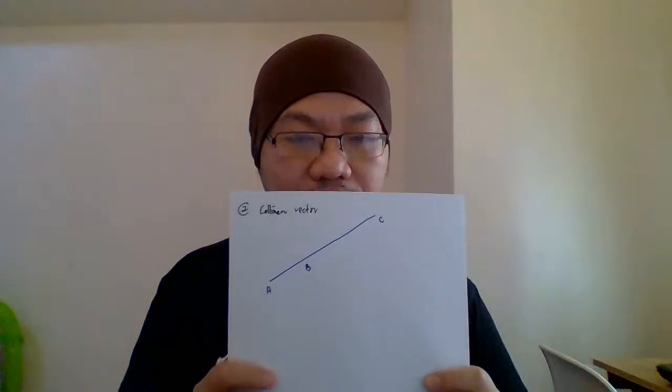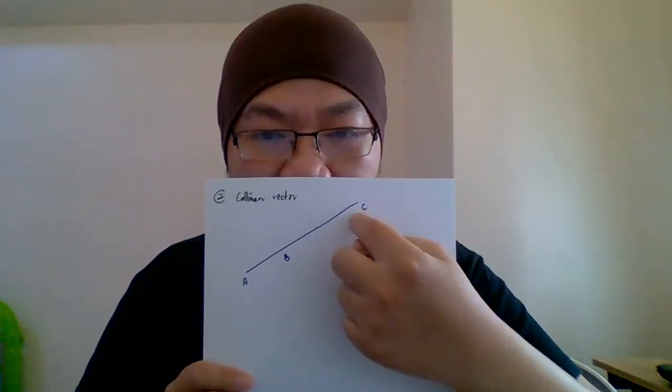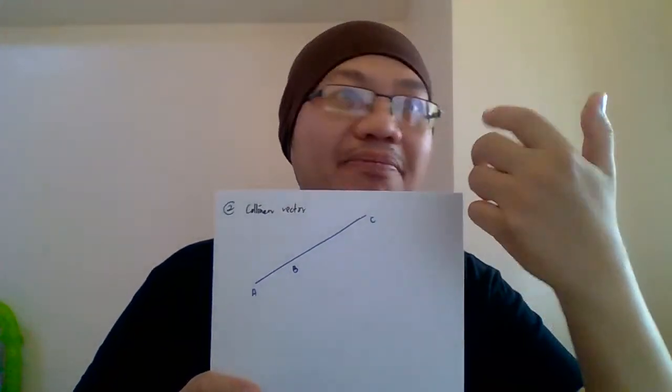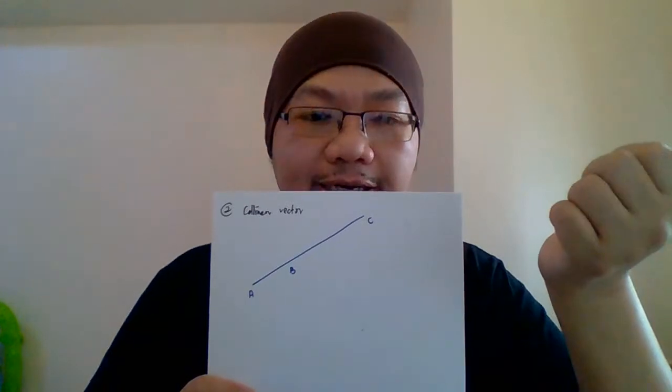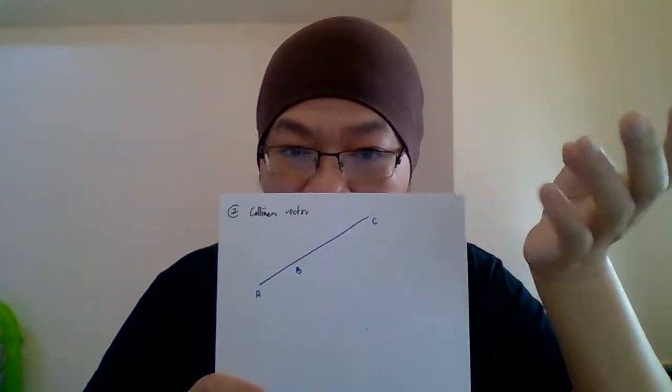Now guys, what is meant by collinear? Is segaris. Okay, so let's say I have a vector A, B, and I have a vector A, B, C like this. So a point A, a point B, and a point C. Actually this thing you already learned in chapter 6, if I'm not mistaken, geometry coordinates form 4.